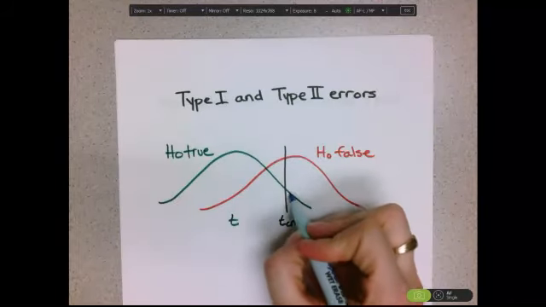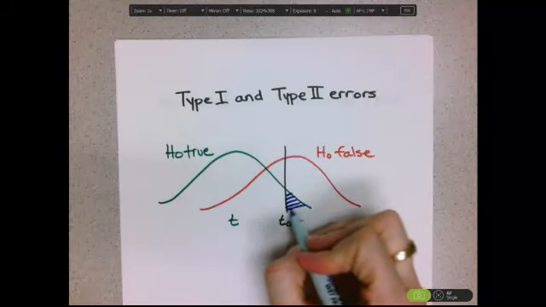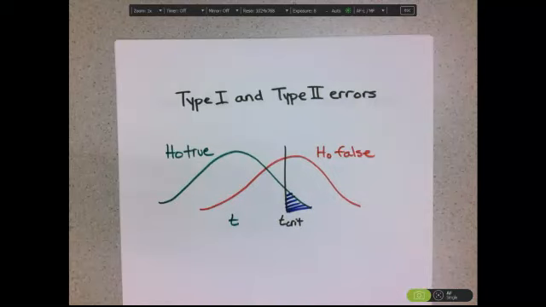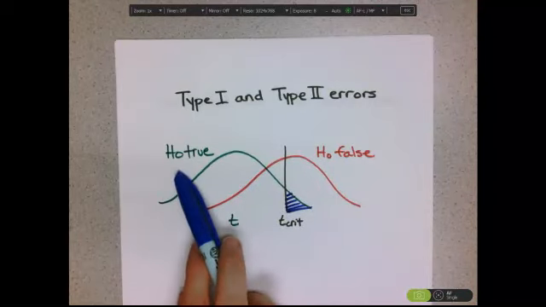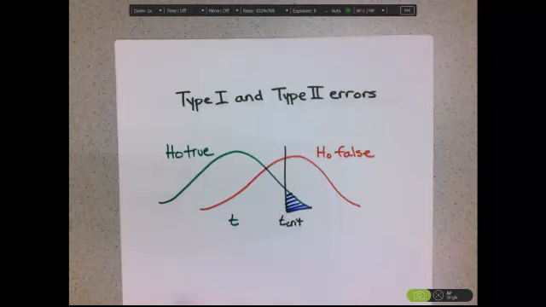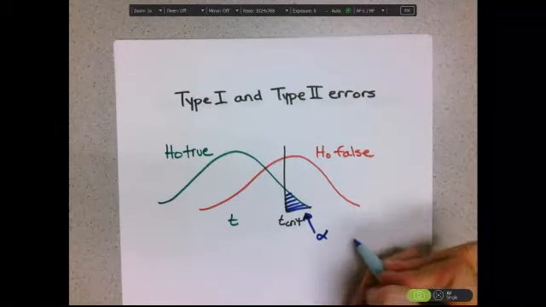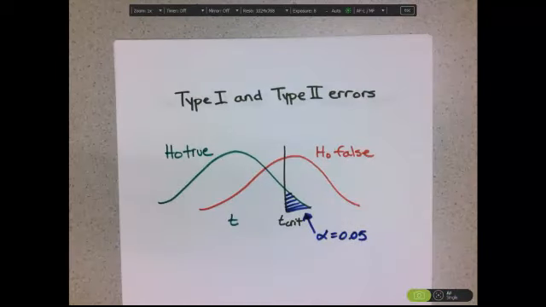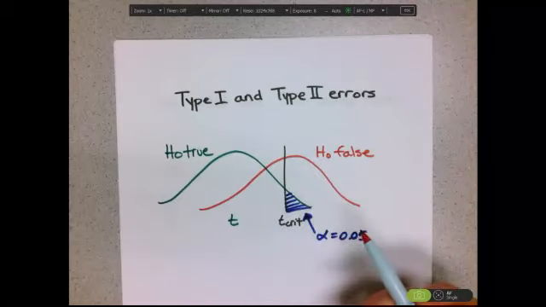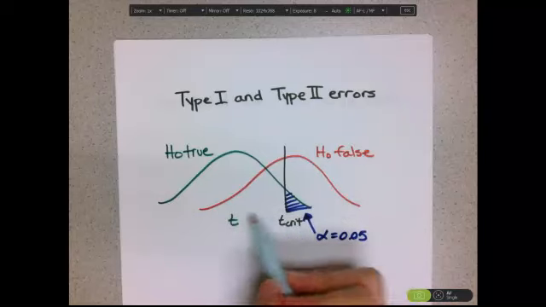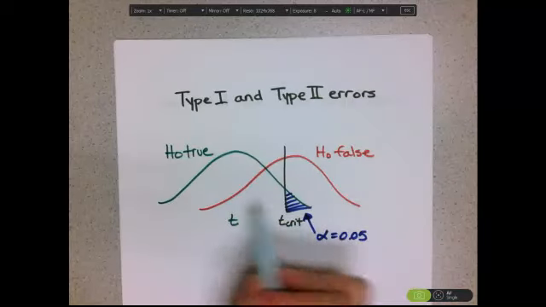Now, where this critical value is, there's some data from the distribution where the null hypothesis that's true that falls to the right of our critical value in this case. And the amount of data that's contained in there is alpha. And alpha is our type 1 error rate, and it's 5%. We also see that under our distribution where the null hypothesis is false, a lot of that falls to the left of our critical value.